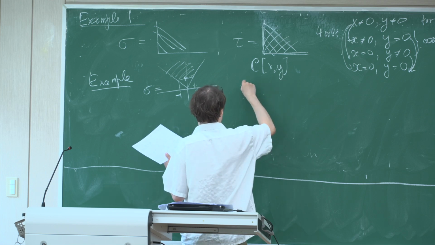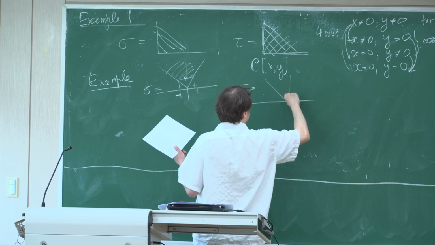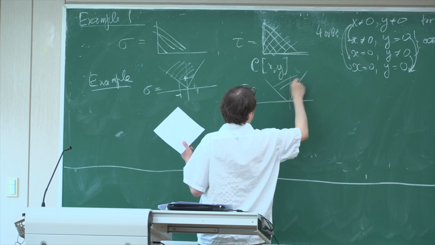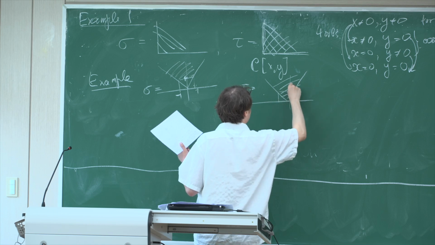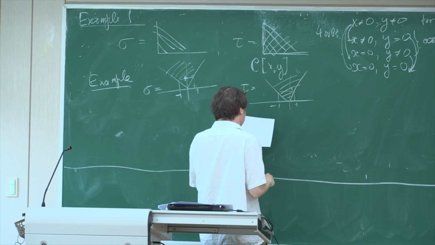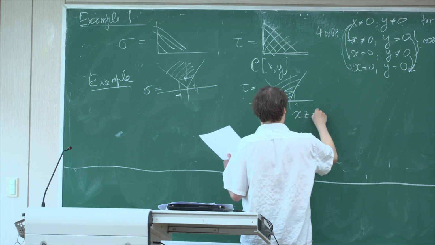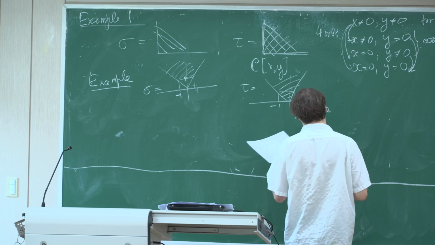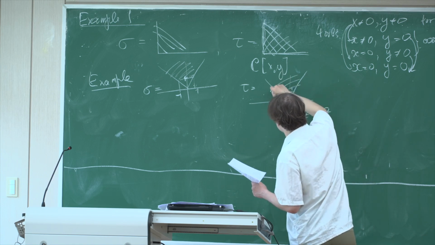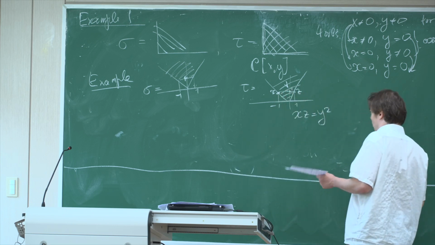And tau also looks the same. The variety was xz equals y squared. Again, we have 4 orbits. So this is x, this is y, this is z. We have 4 orbits.